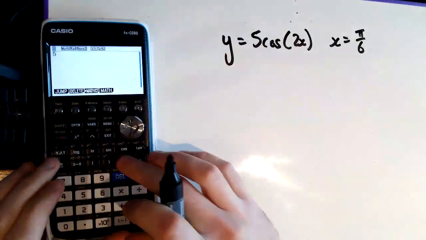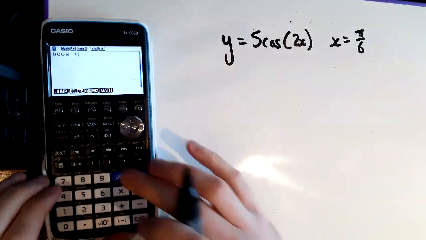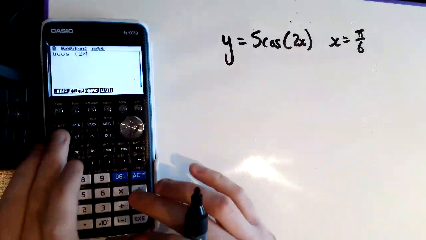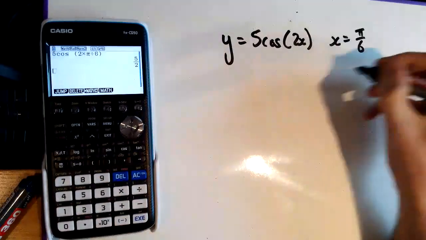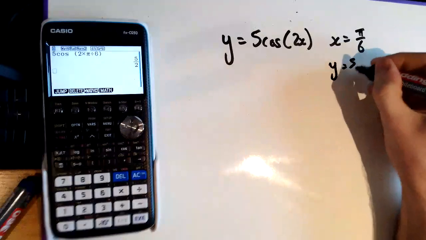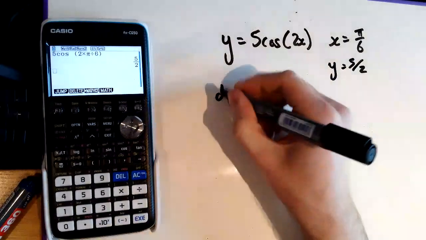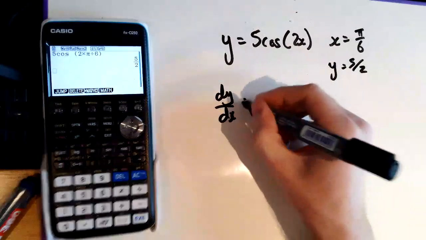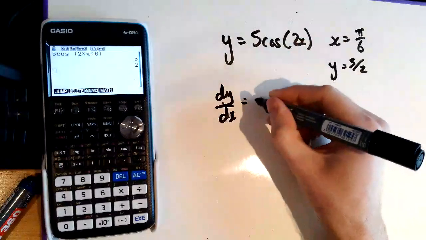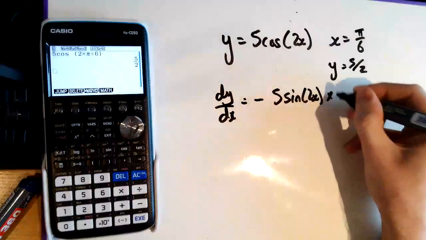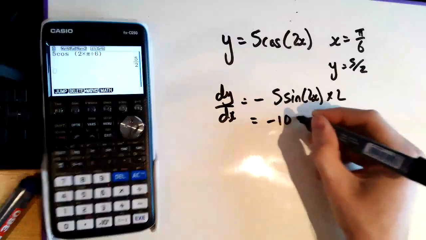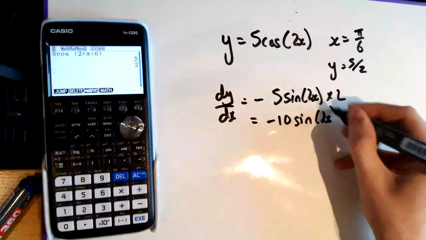So 5 cos 2 times pi over 6 gives me y equals 5 over 2. Differentiate it. So cos goes to minus sine, and you times by the derivative of the inside, times by 2. So it gives me minus 10 sine 2x.